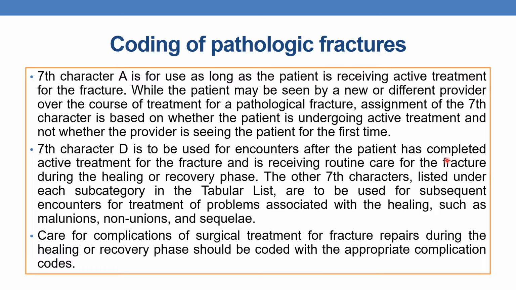The other seventh characters listed, under the encounter for the treatment of problems associated with healing, such as malunion, non-union and sequela, will be discussed in the next slide. And care for complications of surgical treatment for fracture repairs. If there are any complications arising during the healing or recovery phase, they should be coded with the appropriate complication codes.